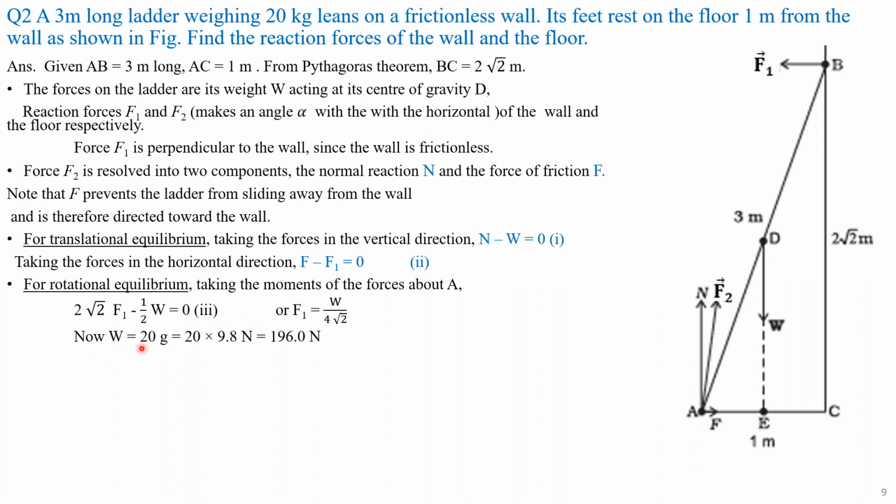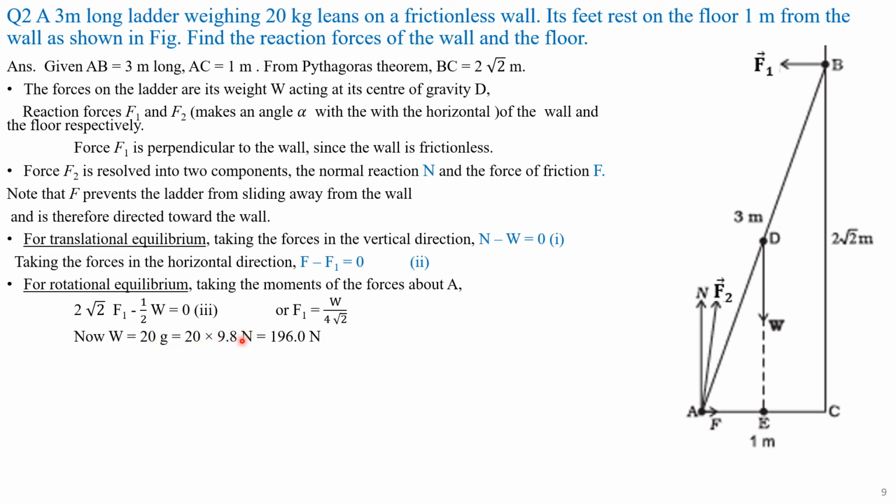Now W is given as 20 kg, so 20 kg into g, where g is the gravitational acceleration. Take the value of g as 9.8 meters per second square. Therefore, W is equal to 20 kg into 9.8 newtons.